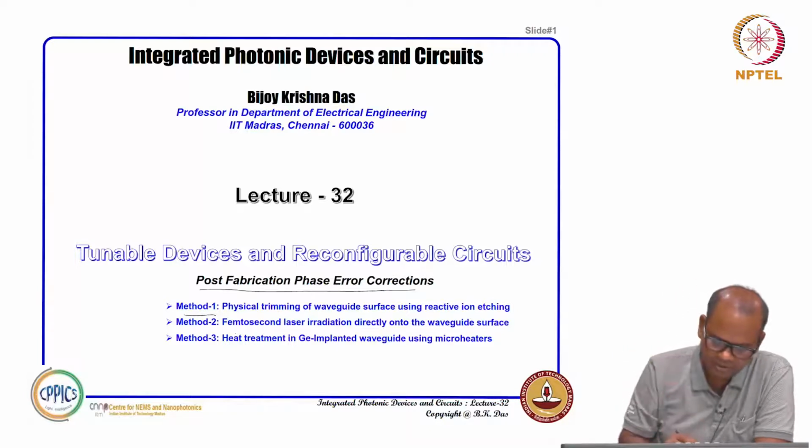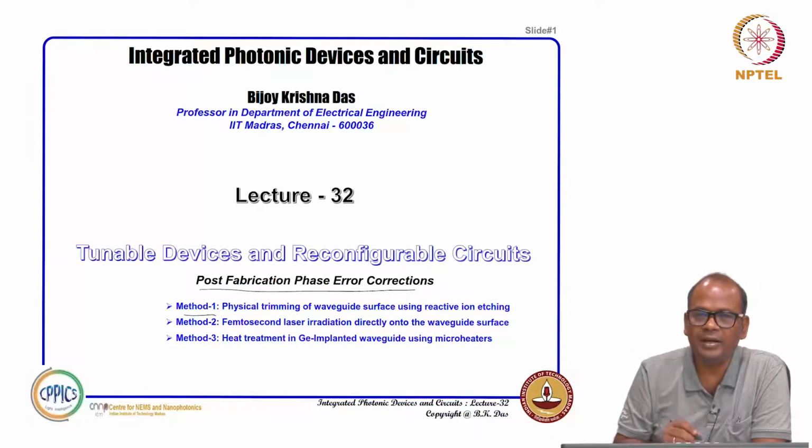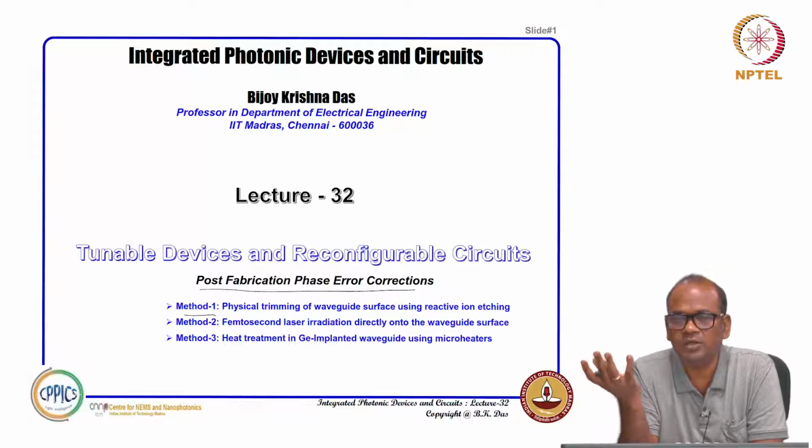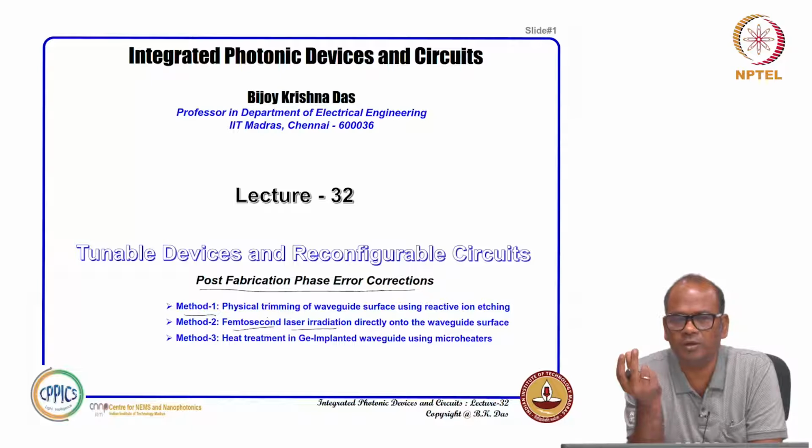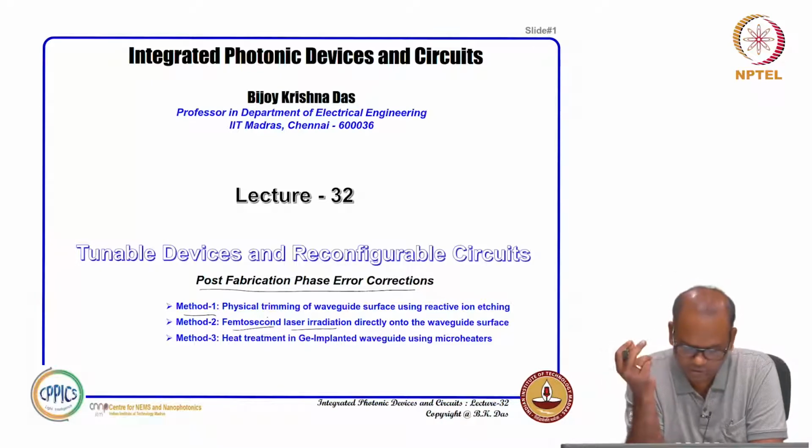The second method is where you don't need to change the physical structure or dimension. Rather, you use laser irradiation, a so-called femtosecond laser, a pulse laser where the pulse duration is in the femtosecond range.